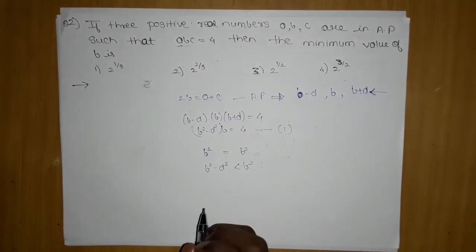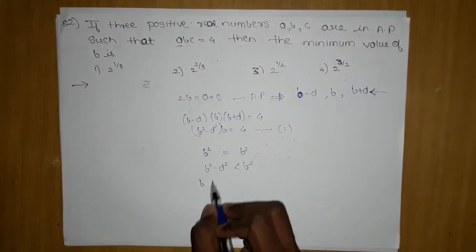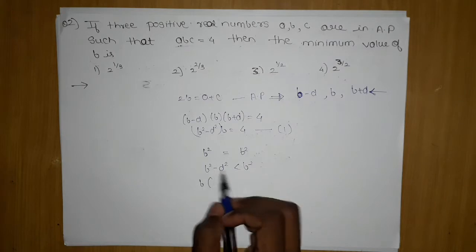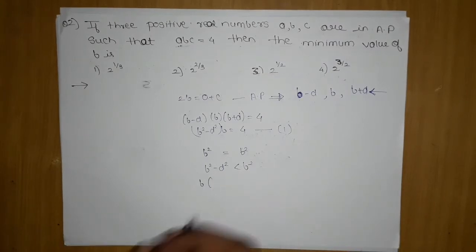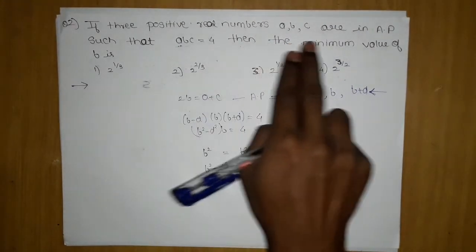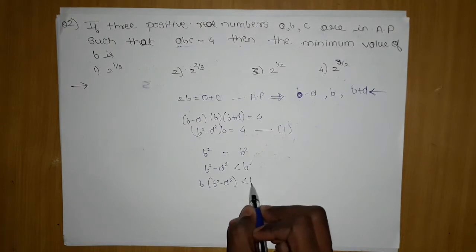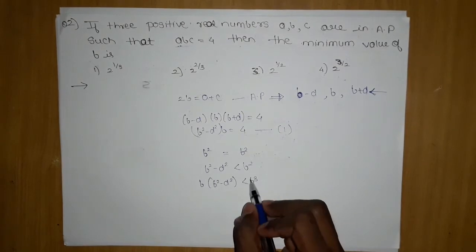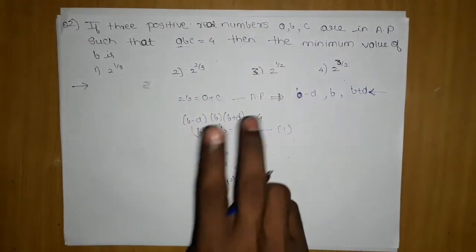If I multiply b on both sides throughout, since a, b, c are positive, so b is positive, we get b square minus d square into b, and this is converting equality into inequality. In this type of problem it is very crucial.